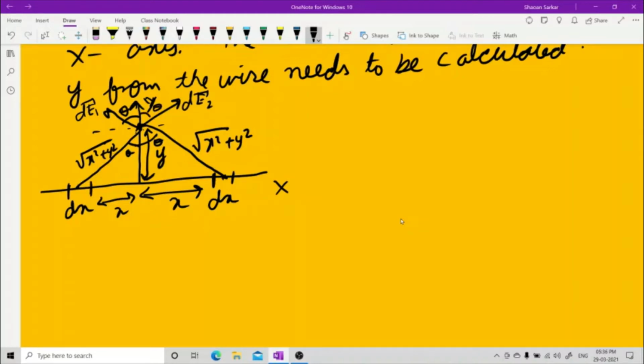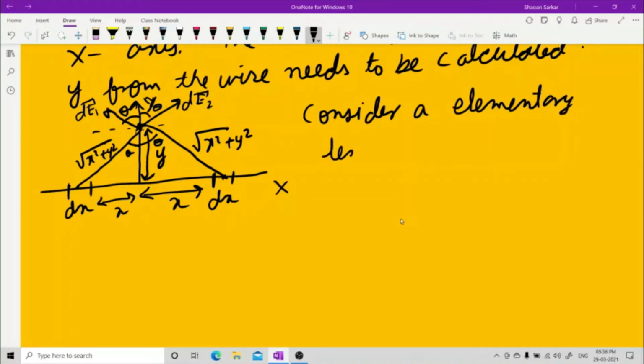So now you see, let us write down. Consider an elementary length dx of the wire.